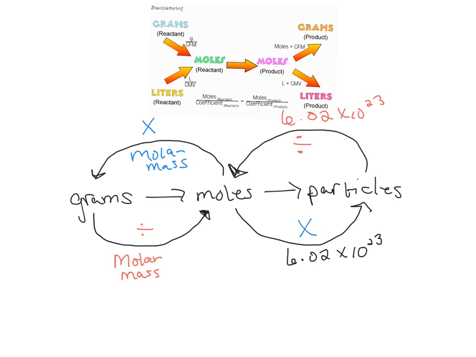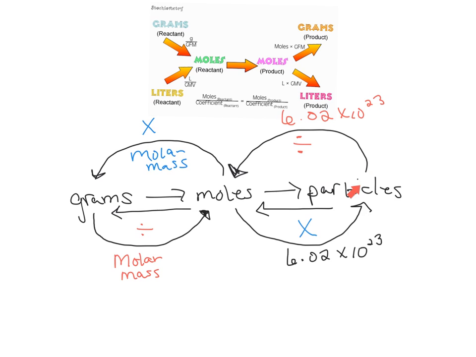I'm showing you this just to give you another visual of what you're converting to and from. Remember that all of this can be reversed. It can go this way. That's why you have the arrows going in both directions.